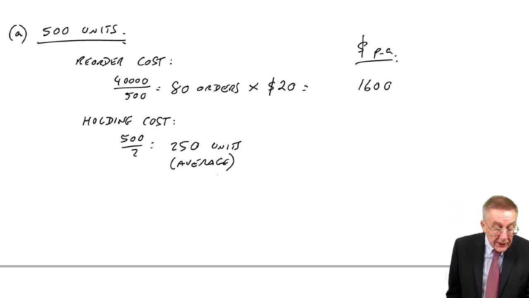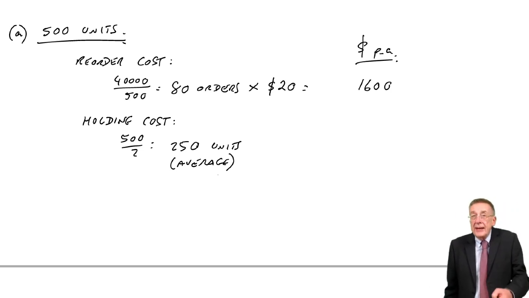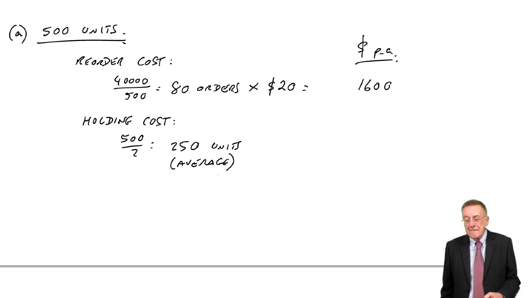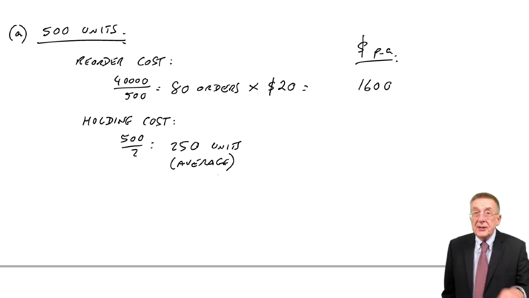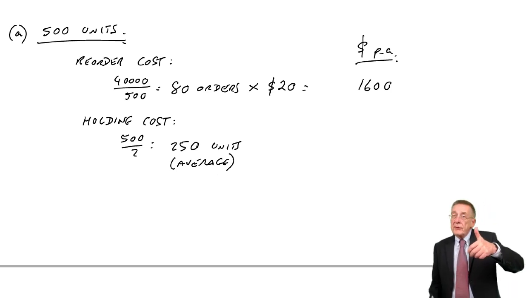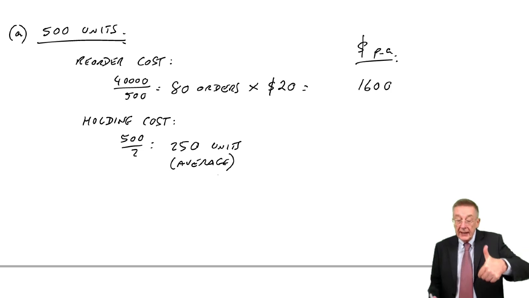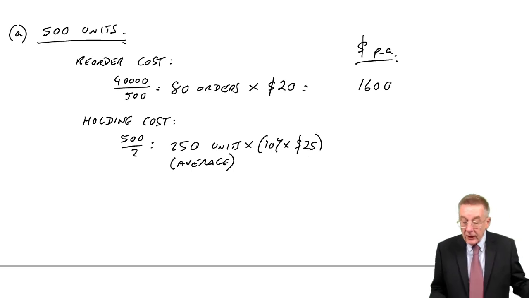And how much does it cost to hold? It says the costs are 10% of the inventory value. What do we mean by that? Well, remember, each desk is costing us $25. So the cost of holding one desk for a year will be 10% of $25, or $2.50.